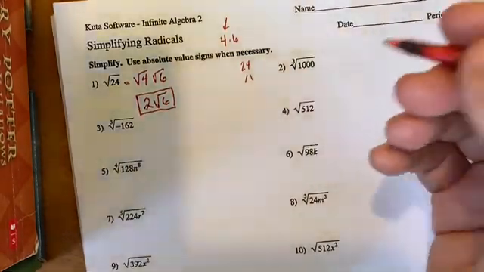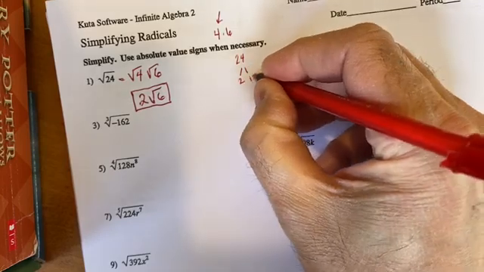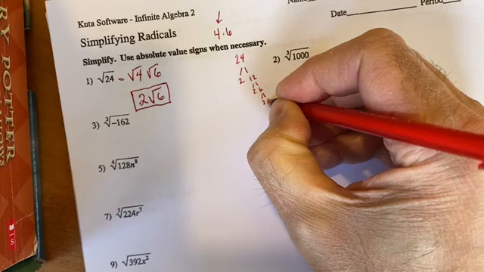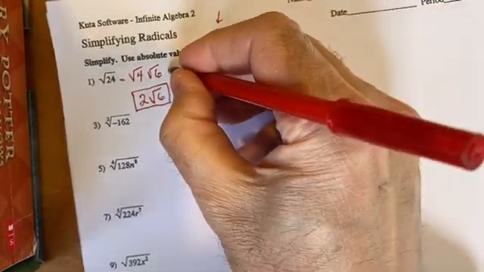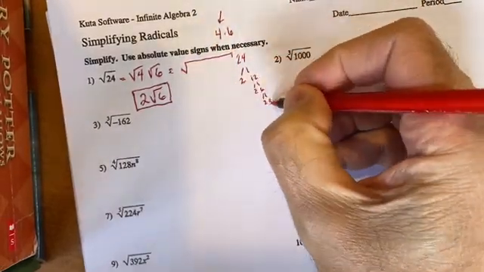But sometimes it'll take you a little bit further. If you see 24 and you know that's 2 times 12, and 12 is 2 times 6, and 6 is 2 times 3, you can change this square root of 24 into 2 times 2 times 2 times 3.